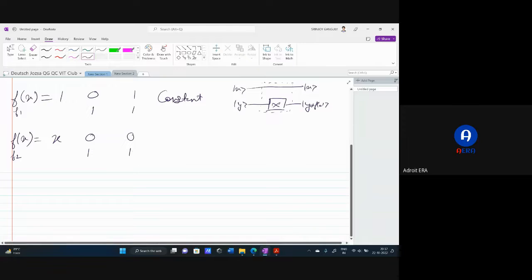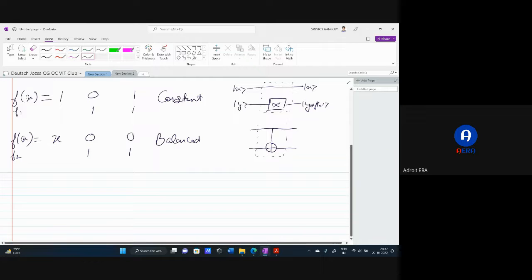Giving 0 input, getting the output as 0, giving 1 input, getting the output as 1. This is a balanced function we saw. And what will be the oracle? So this is the oracle, very simple. Just apply a CNOT gate, that's it.